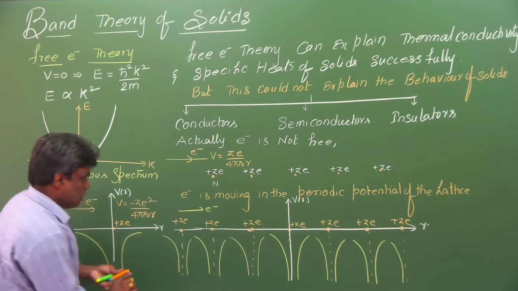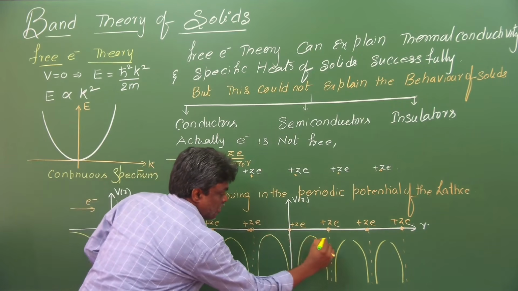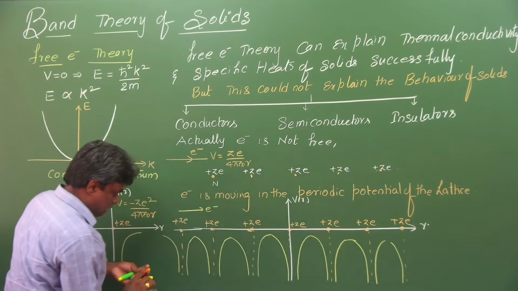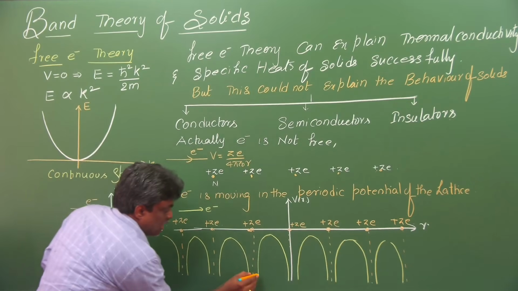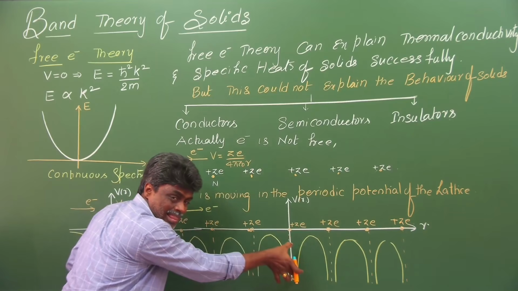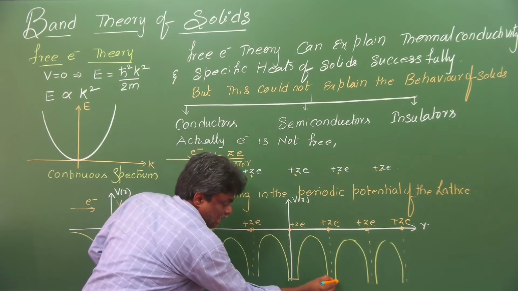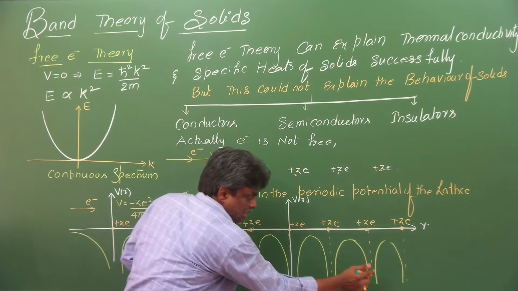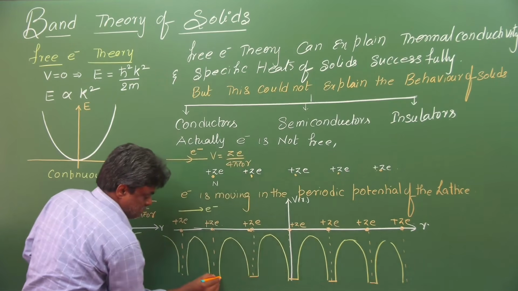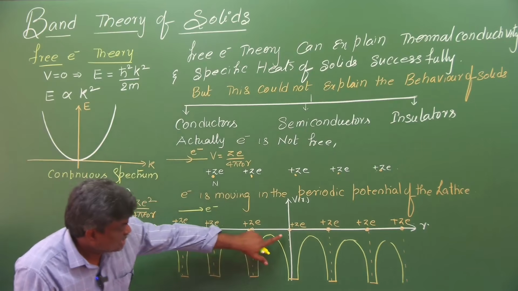Okay, so if you just combine this, just like this. Now what happened? Here at the nucleus, in the vicinity of the nucleus, you get a potential well, and after that you get a potential barrier, and again a potential well and a barrier like this. So this is the vicinity of the nucleus.